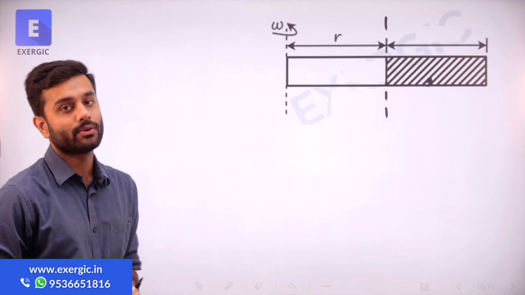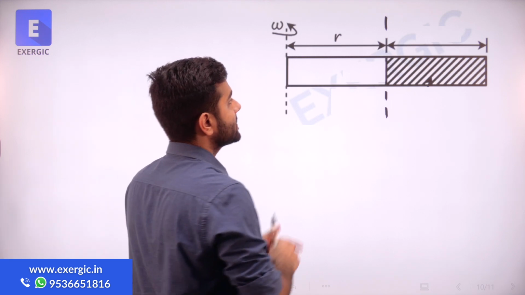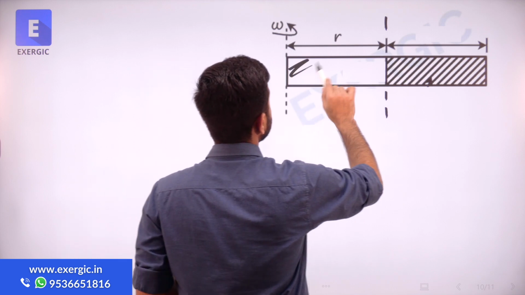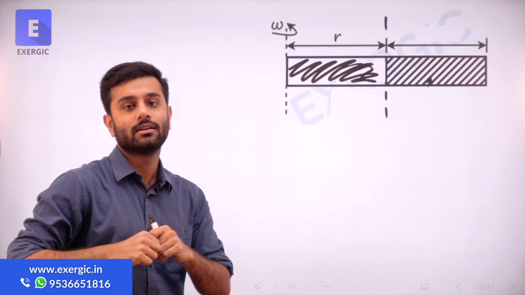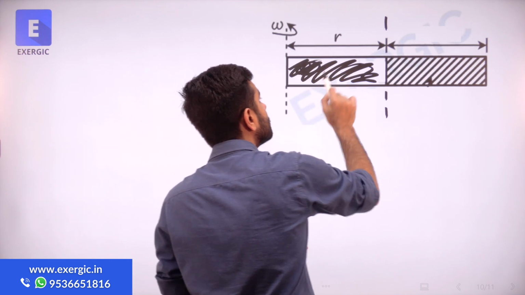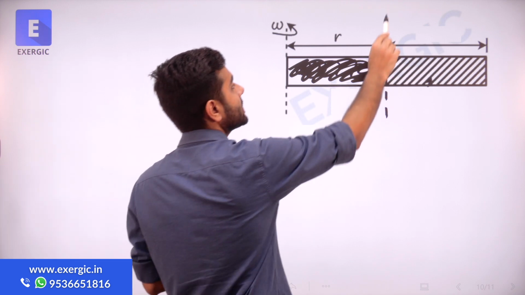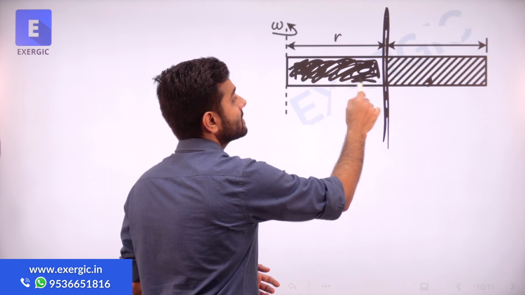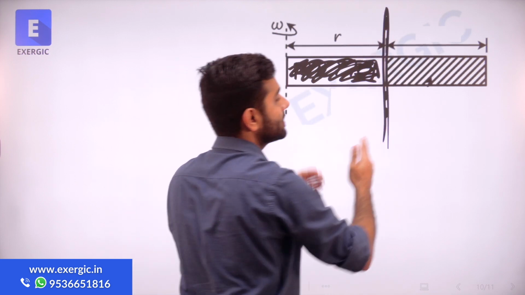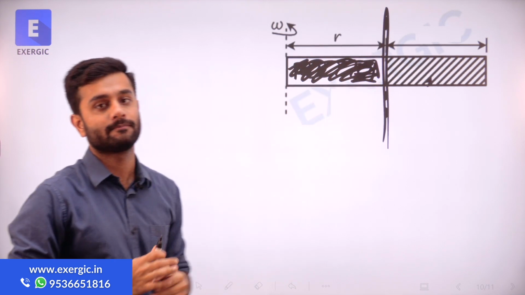So here also you can conclude from the same discussion that the centrifugal effect of these masses, which are actually a part of the wire only, is not going to be felt at this section. The centrifugal effect of these masses is getting ended at this section because these masses are between the center and that section.